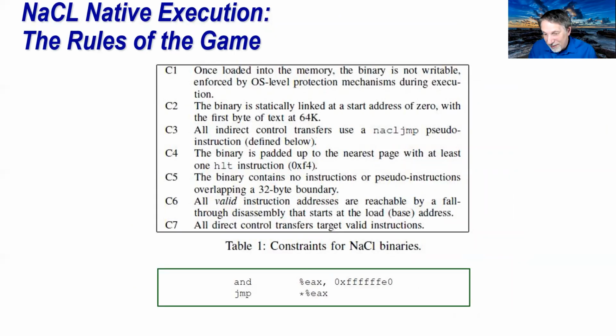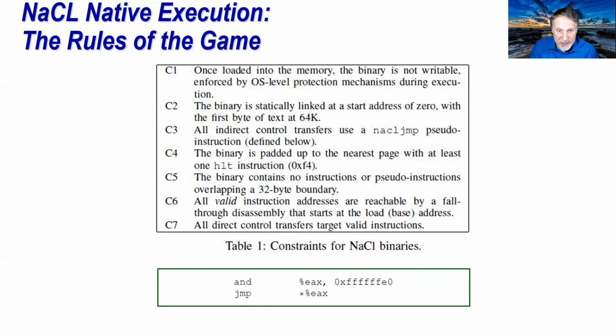What's really interesting about what runs in the box is they use what's called Native Client, native execution. It's this really constrained form of code where they limit what can be in registers. They limit where entry points can be in the code. As a result, they can do a lot of analysis of the code, and they can make some very strong guarantees about what the code can and cannot do.